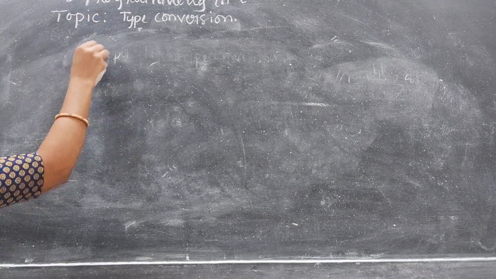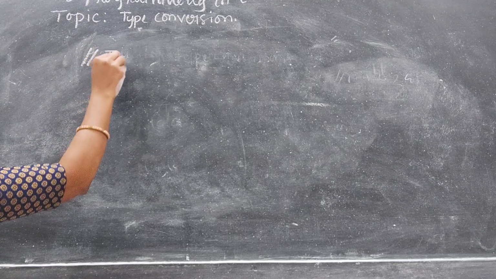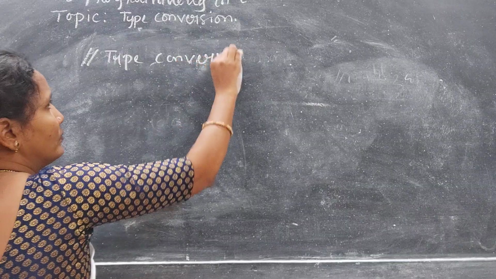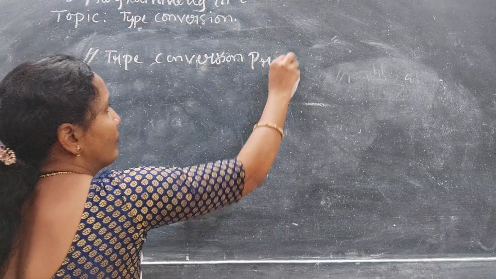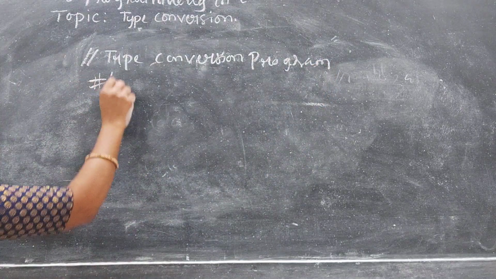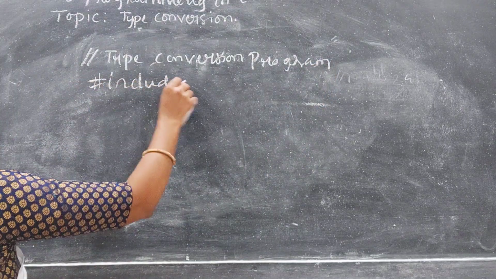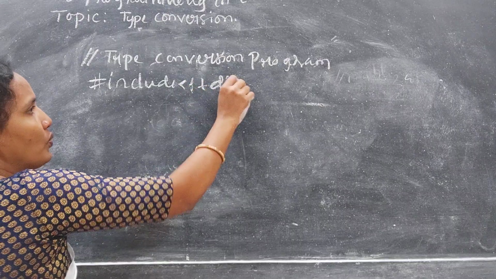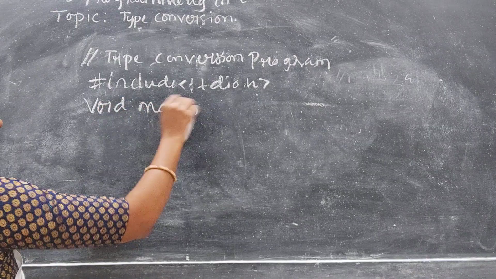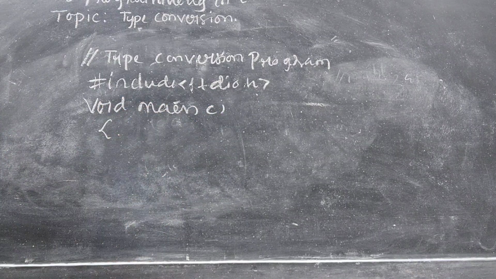First I will give the comment, type conversion program. It is a single line comment. Next, it is the standard input and output header file. Next, I am giving a main function. Next, inside the main function, you need to declare the variable.